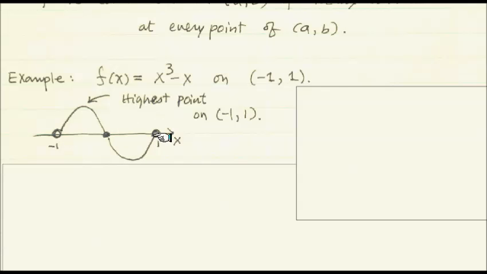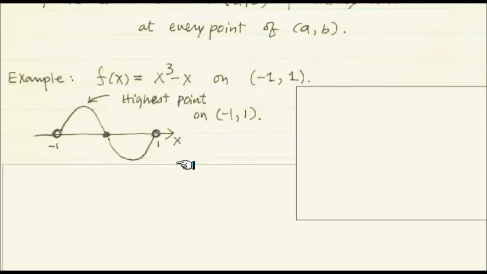So we have this graph, from -1 to 1. The graph looks like this. From here, we usually go intuitively: this looks like a continuous graph, and it seems like there is a highest point right there and a lowest point right there. So that must be called the maximum value, and that must be called the minimum value.